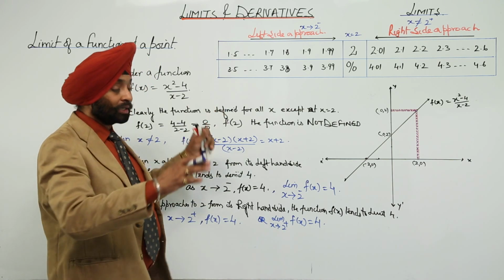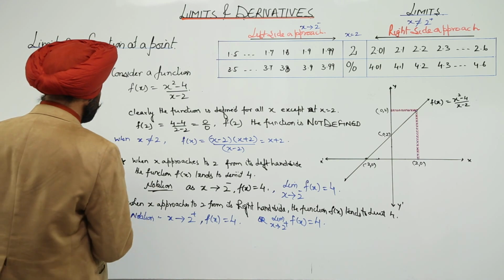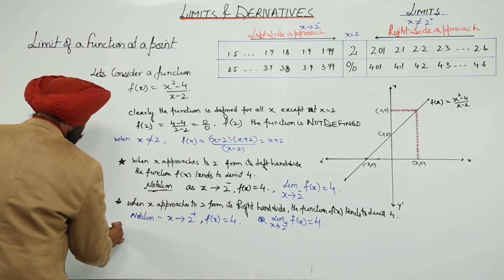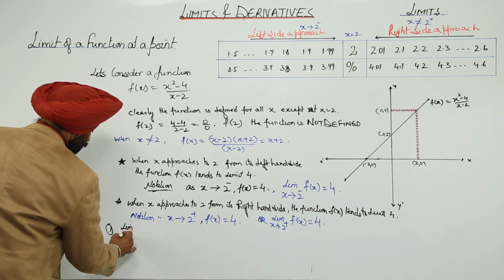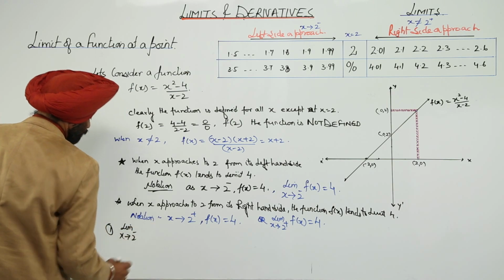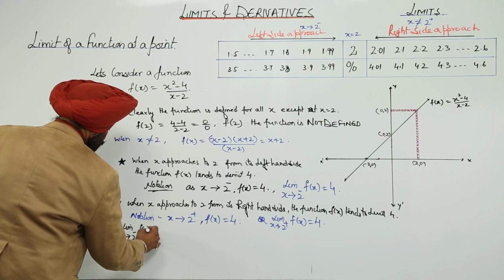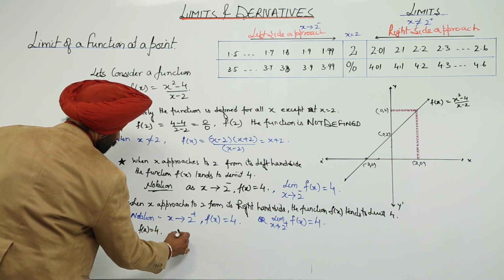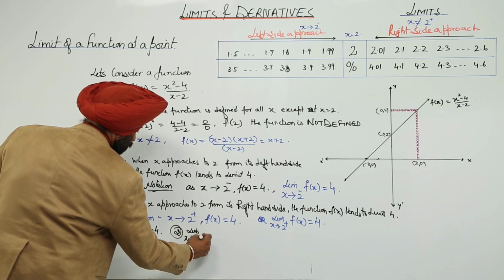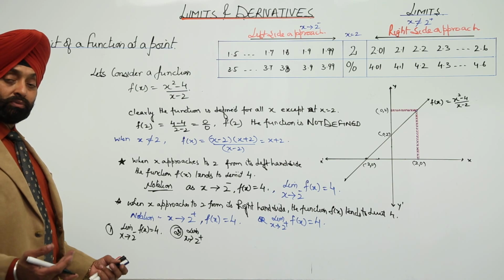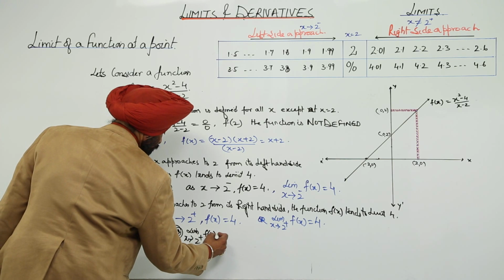Now, from the whole concept, what did we understand? Number one, we got that the limit as x approaches from the left hand side towards 2 of the given function f(x) is equal to 4. Number two, the limit as x approaches from the right hand side towards 2 of the function f(x) is again 4.